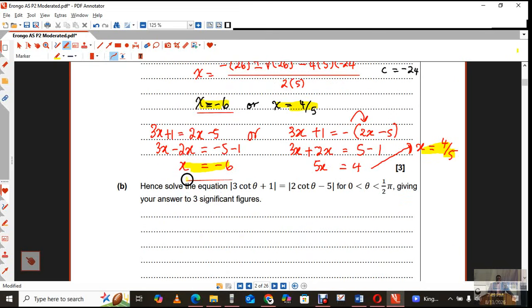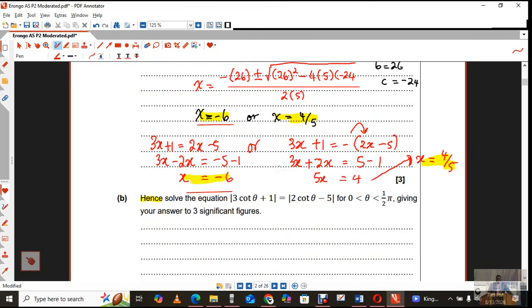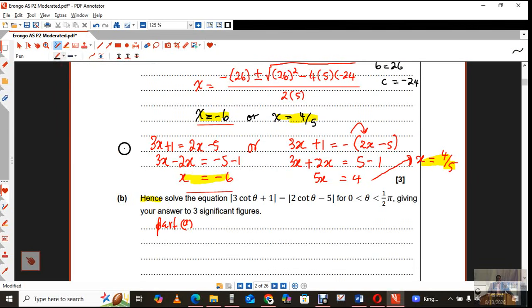Now there's a hence part, and hence indicates that whatever you have done in part A, you're supposed to use it. So I'm just going to write the equation in part A. In part A, the equation was the absolute value of 3x plus 1 is equal to 2x minus 5.